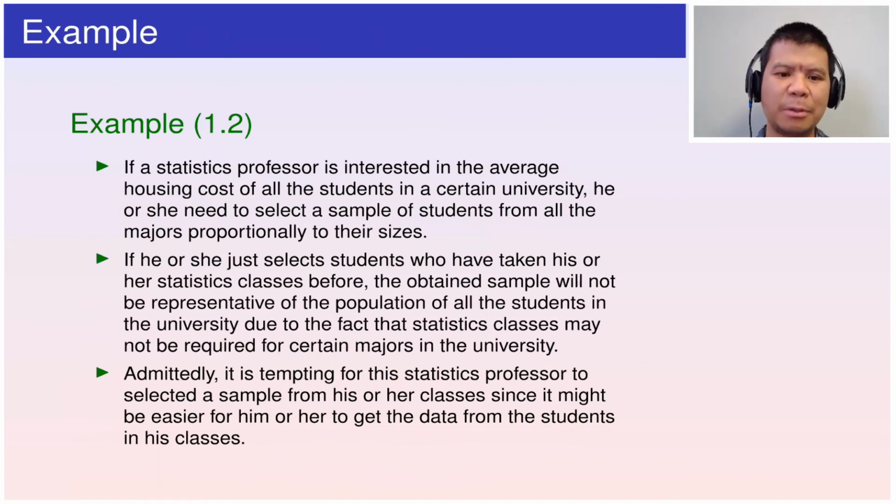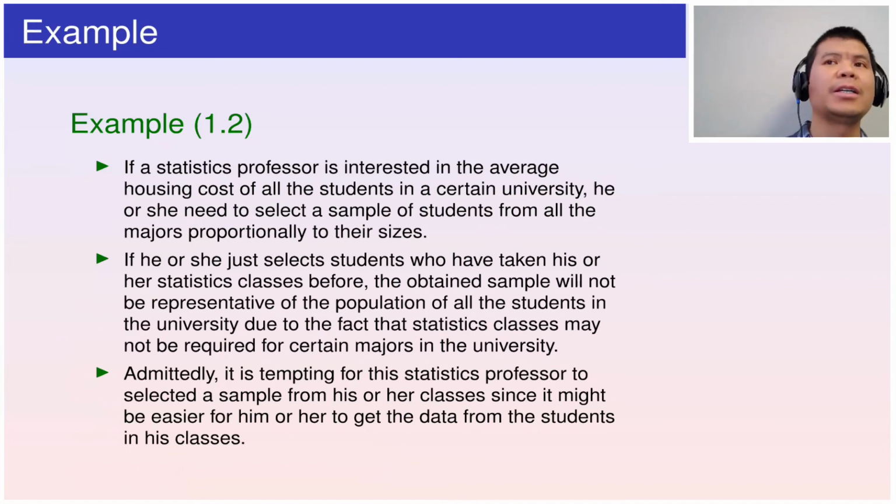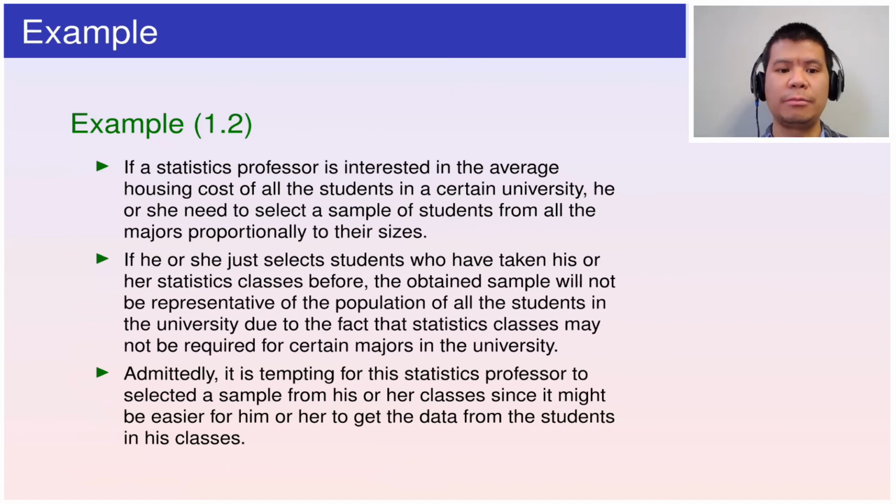If a statistics professor is interested in the average housing cost of all the students in a certain university, what should he or she do? He or she needs to select a sample of students from all majors proportionally to their sizes, so that the sample is representative.